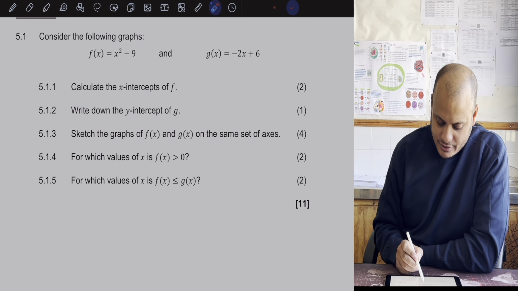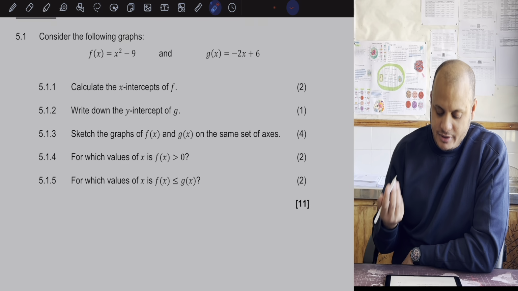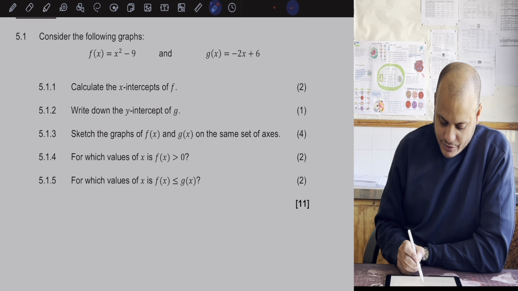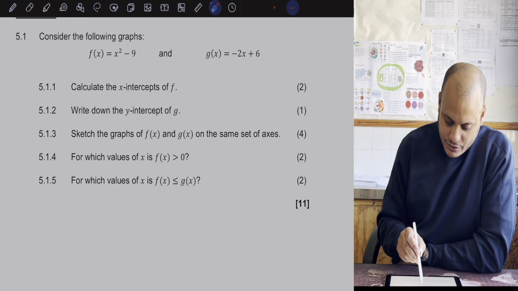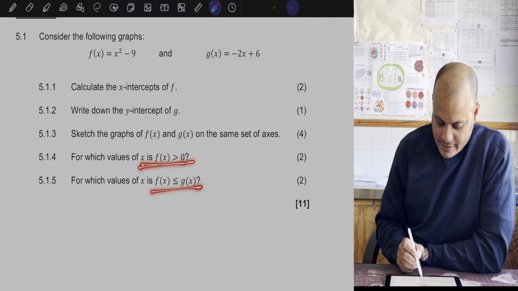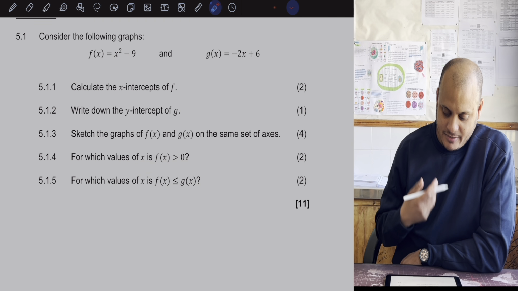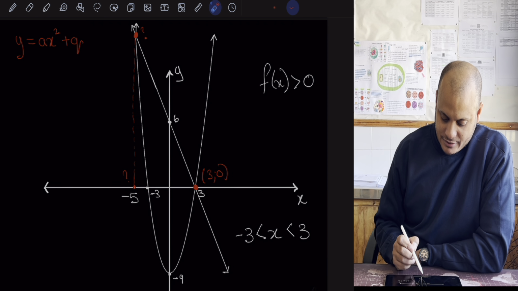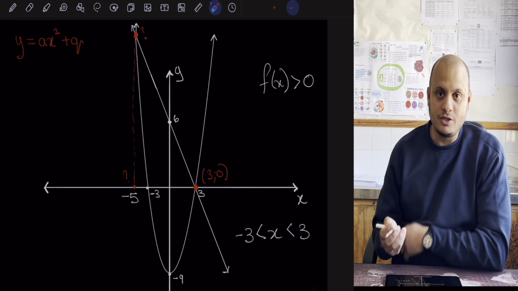And the more you try to answer these questions, the better. In your textbooks and in the worksheets that you have, there are quite a few of these types of questions, and I would strongly advise that you go and do a question like this, do the whole thing, and especially try to answer these guys, so you can get some exercise and practice looking at a graph and try to see those inequalities.